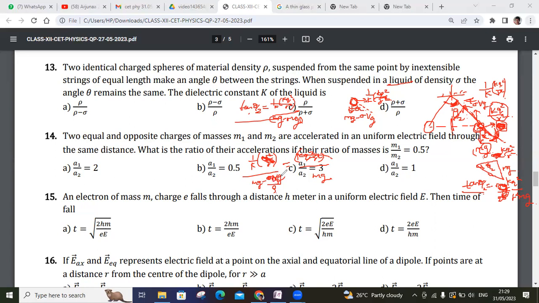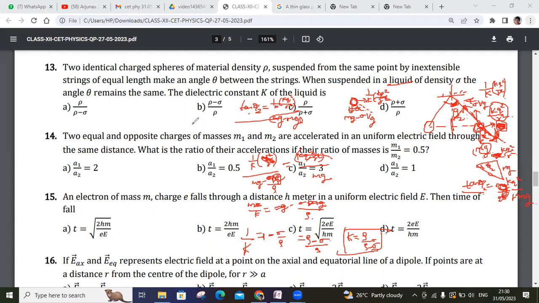Then you see mg here also. Now you take this here. What you will get? Mg by K is equal to mg minus sigma mg by rho. So mg cancels. What remains? 1 by capital K is equal to, we want capital K value, right? Is equal to 1 minus sigma by rho. So 1 by K will be rho minus sigma by rho. So K will be rho by rho minus sigma.